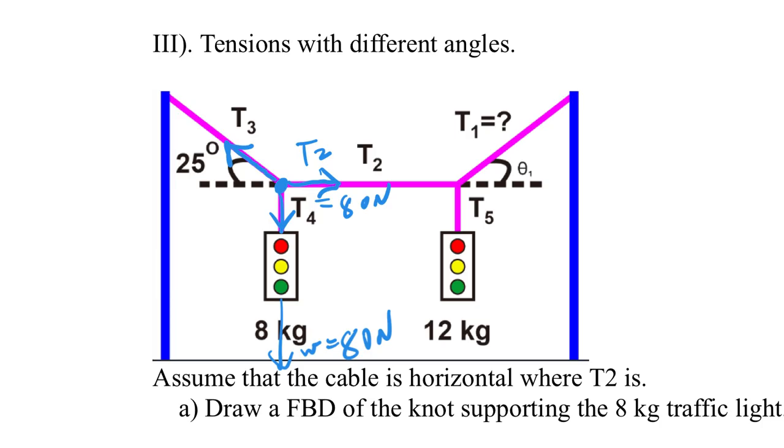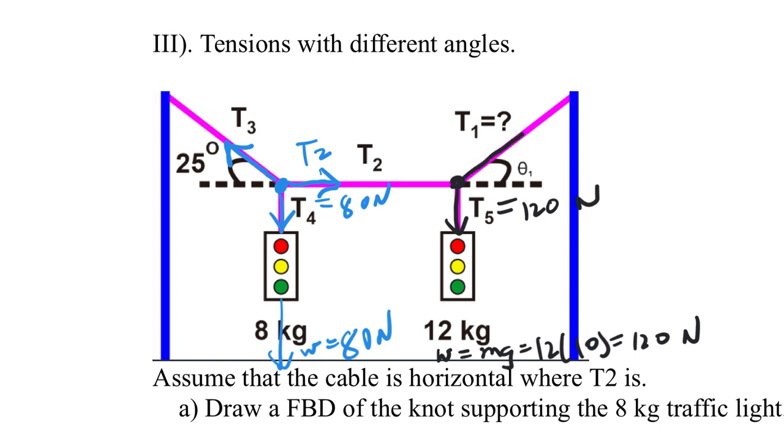Okay, on the other side, we got T5. We know that one is the same as the weight, which is mg, which is 12 times 10, 120 newtons. So we know the tension on this knot is 120 newtons.